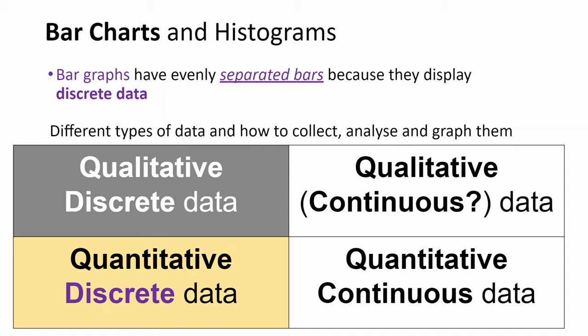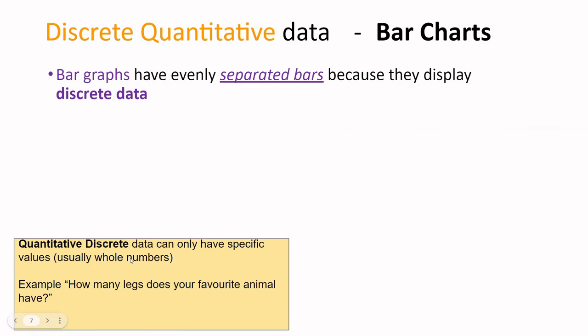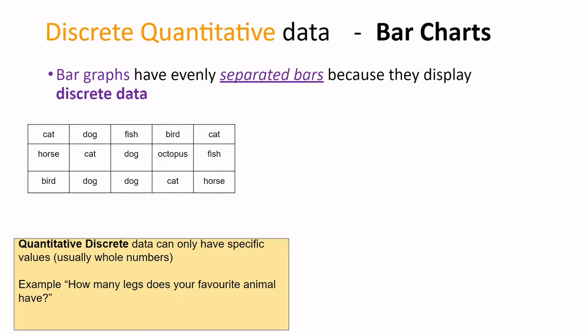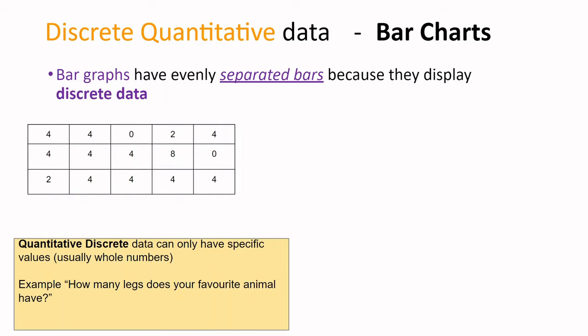Next, let's see an example of quantitative discrete data. Again, since it's still discrete data, we should display this on a bar chart. But quantitative data, as opposed to qualitative data, is numerical. So for example, if I ask the same question about favorite animals, but instead of what's your favorite animal, I ask how many legs does your favorite animal have, I've got the same data, but now it's numerical data.